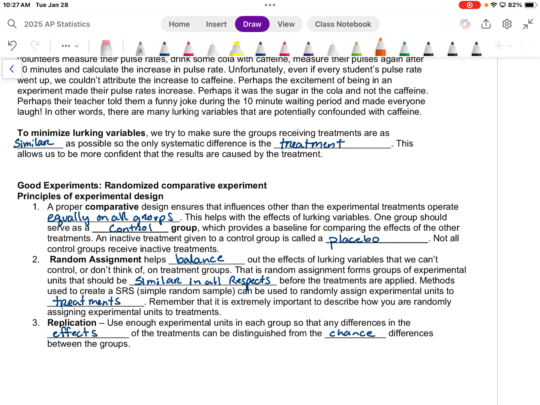Random assignment helps balance out the effects of the lurking variables that we can't control or don't think of on the treatment groups. That is, random assignment forms groups of experimental units that should be similar in all aspects. So that's like doing our little stratified sample yesterday, like if you're doing an experiment, maybe it's grouping a strata of all males and then another group of all females.